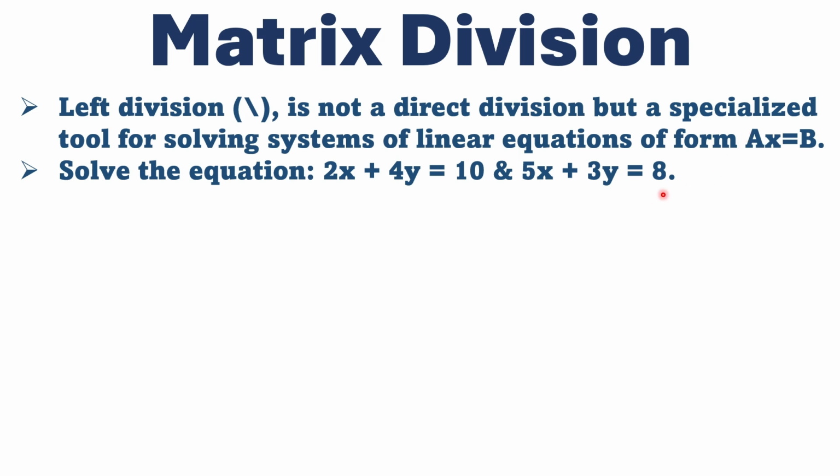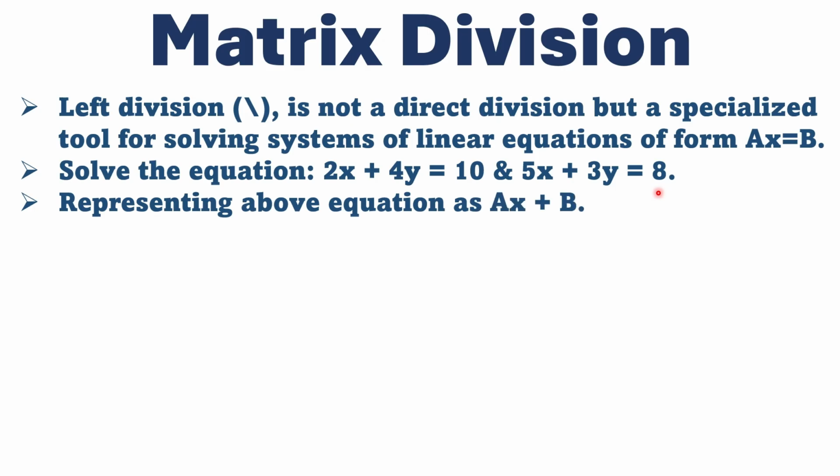How will it work? It's very simple. We need to represent the equations in linear equation form, AX equals B, using matrices. A is 2, 4 in the first row, the coefficients of x and y, and 5 and 3 in the second row.